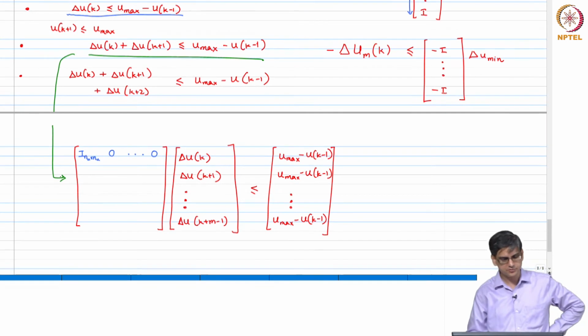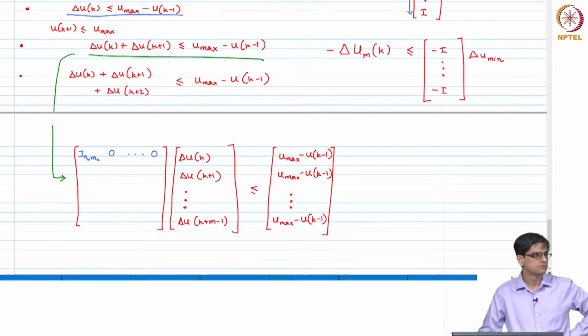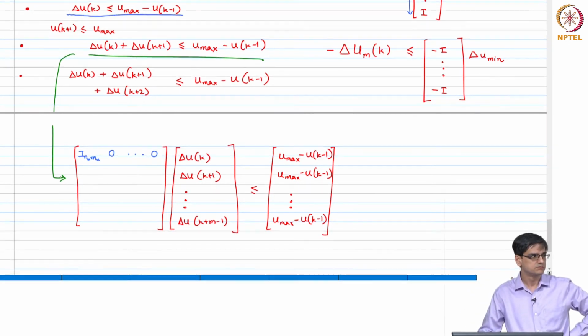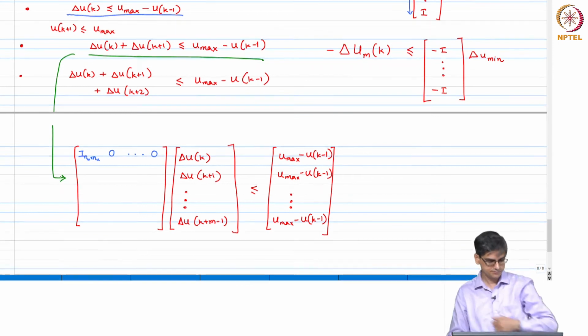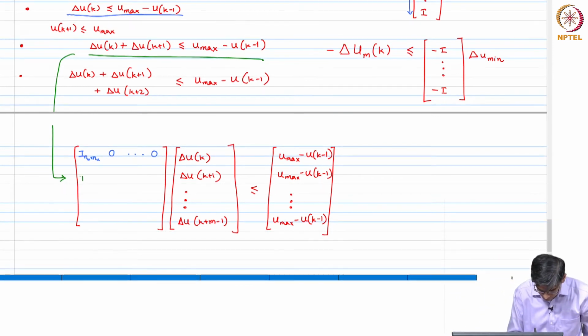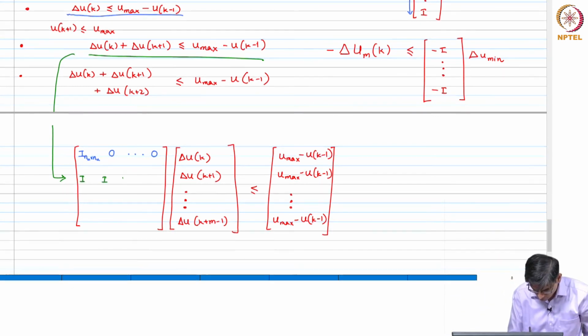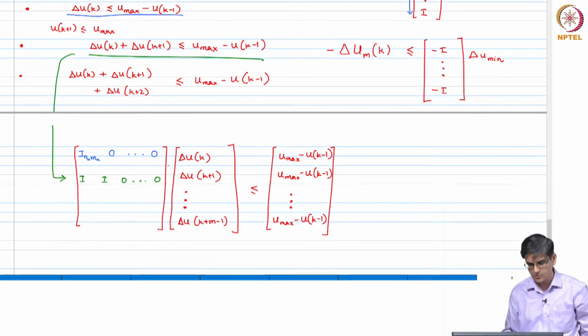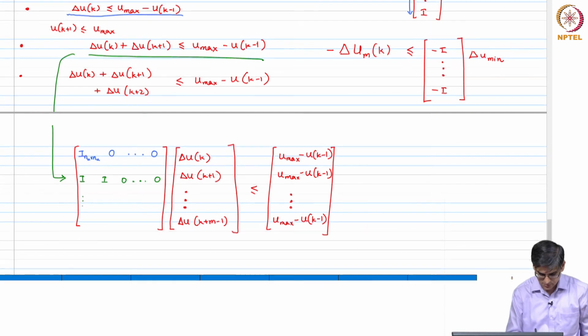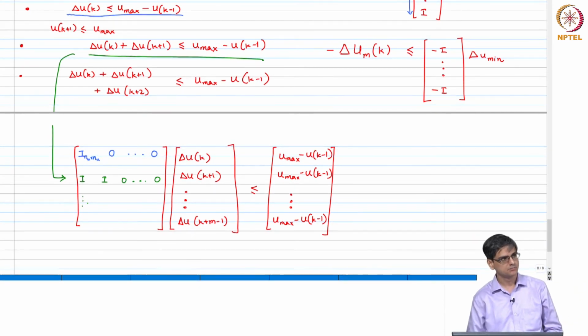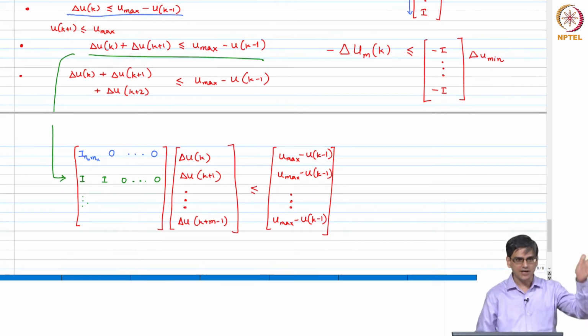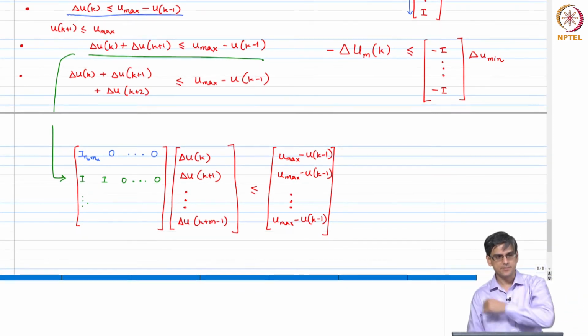What is this next row going to be? Identity identity 0 0 0. Likewise, what is going to be the last row? Identity m number of times.